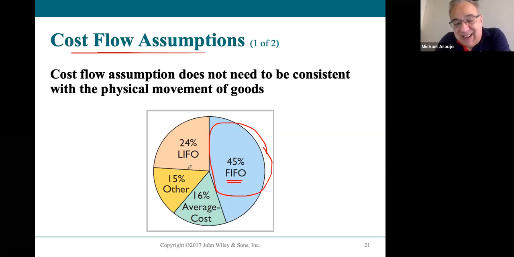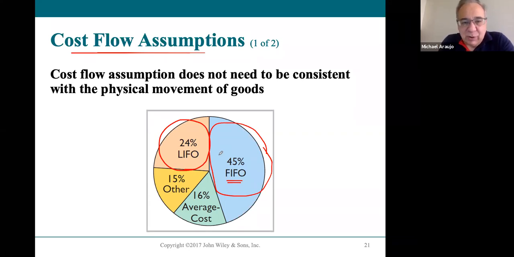Coming in next is the category that we call LIFO, last in, first out. LIFO is what a lot of accountants tell their kids to do. You don't get a LIFO. And so as you see, between the two of them, roughly 3 out of 4 businesses use one or the other. We will be introducing you to the average cost method as well, but we're going to look at one at a time.